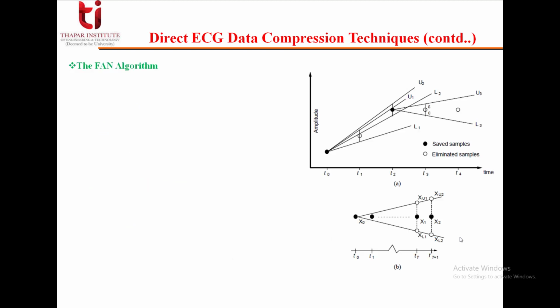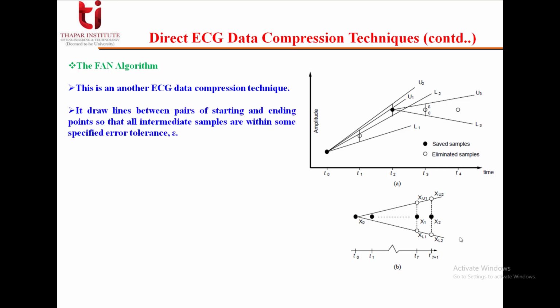Now the next is the fan algorithm. This is another ECG data compression technique. It draws lines between pairs of starting and ending points so that all intermediate samples are within some specified error tolerance, that is epsilon.